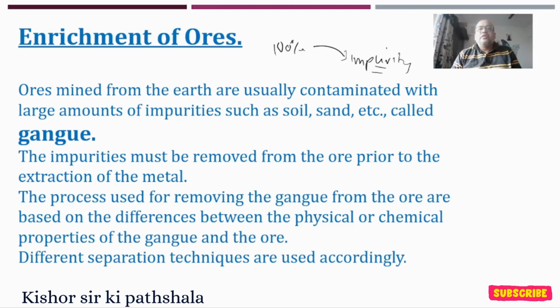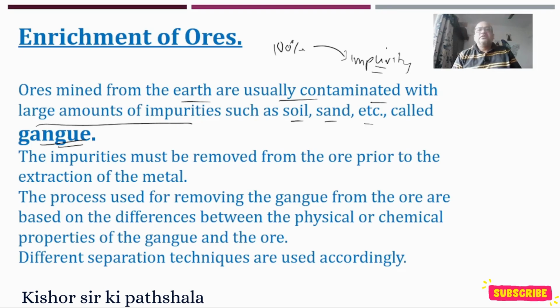Ores mined from the earth are usually contaminated with large amounts of impurities. These impurities are nothing but soil, sand, etc., and they are called gangue. So what is gangue all about?